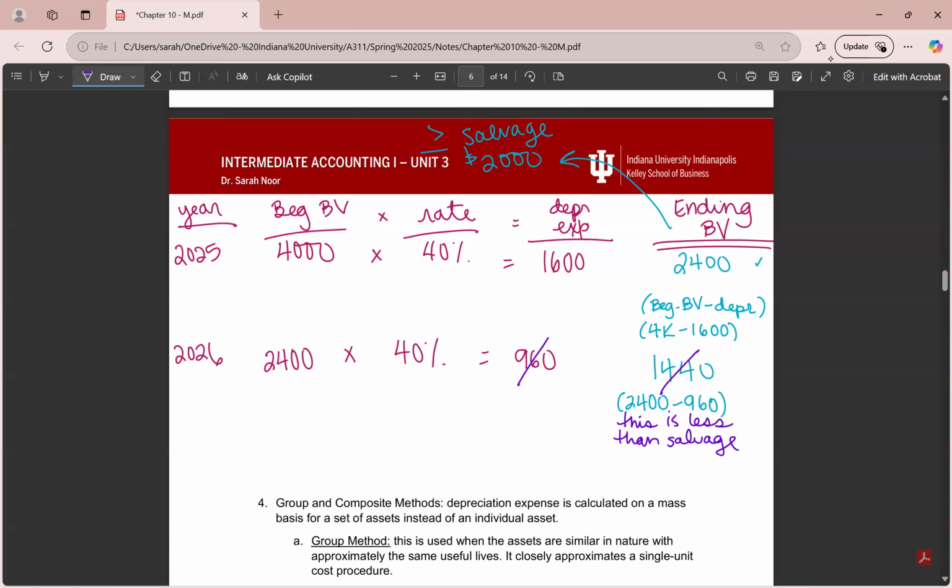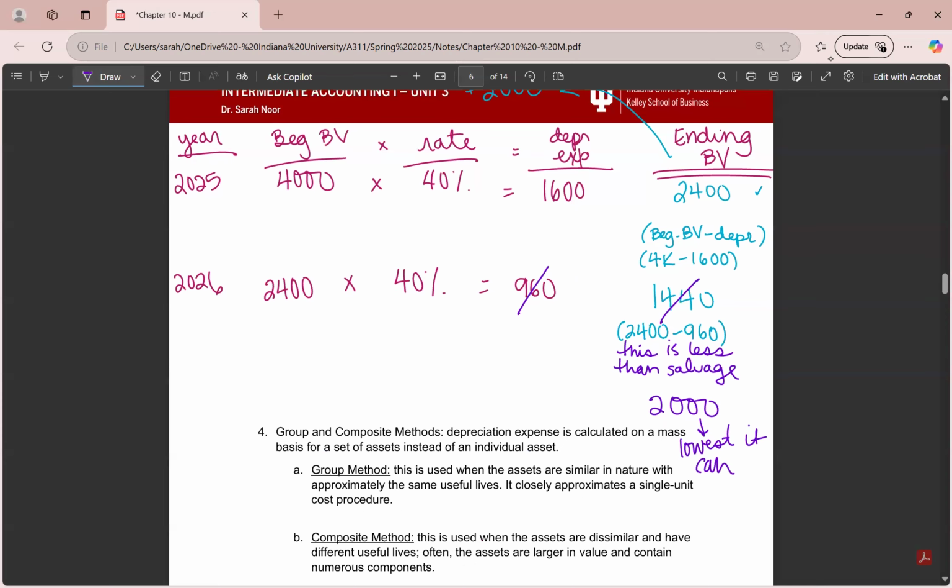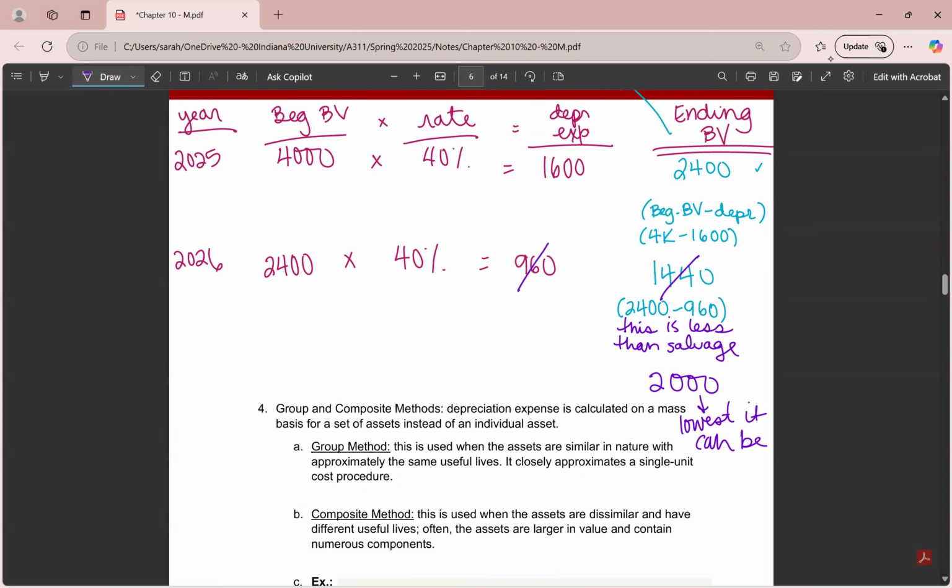So when this happens, you can set a limit where you're going to say our ending book value has to be 2,000. That is the minimum, that is the lowest it can be, which is equal to salvage. So that means we have to modify our depreciation expense.